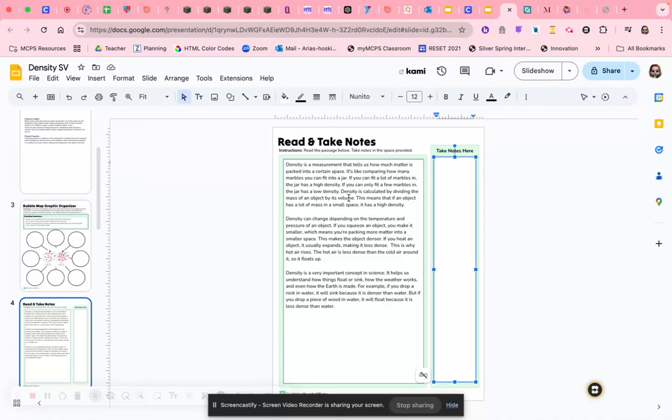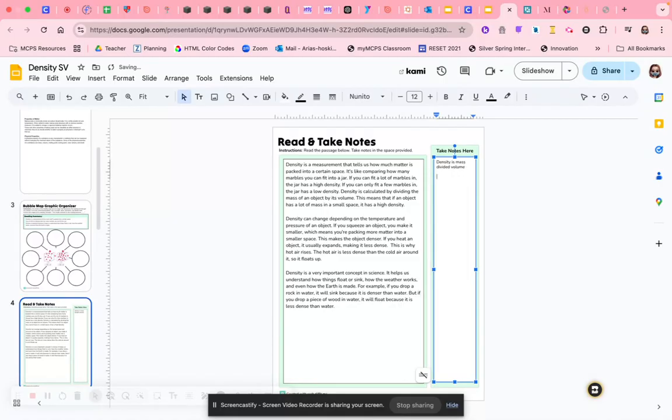So the density is calculated by dividing the mass of the object by its volume. This means that if an object has a lot of mass in a small space, there is a high density. So what I want you to write first for the first paragraph is that density is mass divided by volume. Okay?